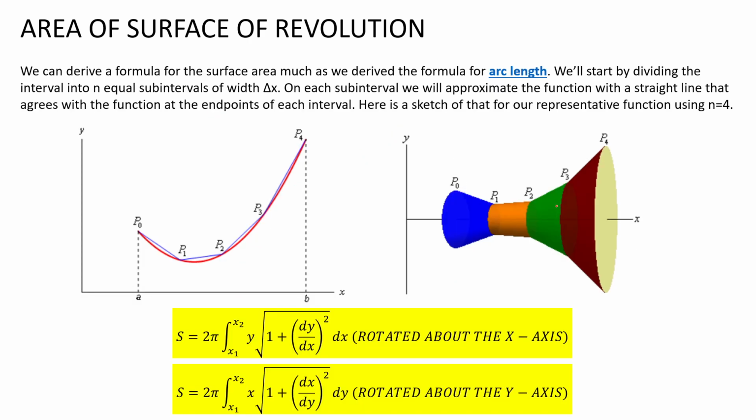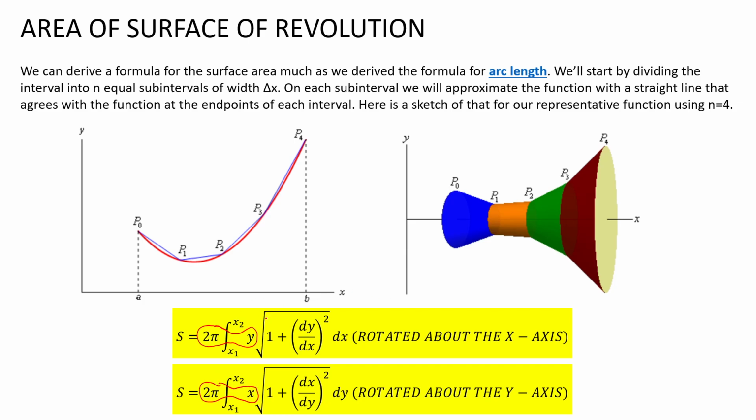So in deriving the formula, there are just two ways. If you're going to rotate your arc length in the x-axis, the moment arm is in the y aspect. Notice that you have a 2 pi y, and then 2 pi x.